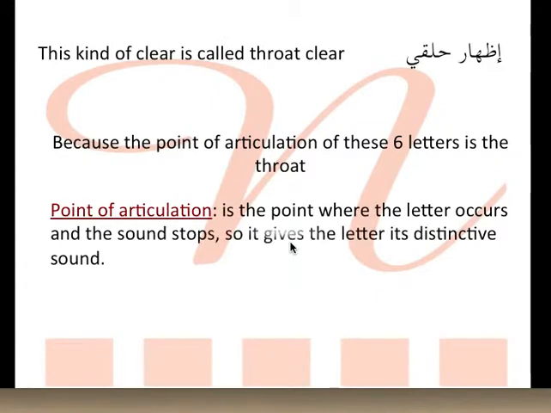Now, the definition of point of articulation, because we're going to use this terminology almost every lesson. Point of articulation is the point where the letter occurs and the sound stops. So it gives the letter its distinctive sound.